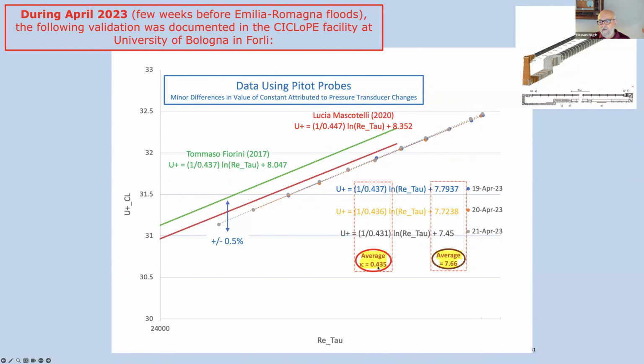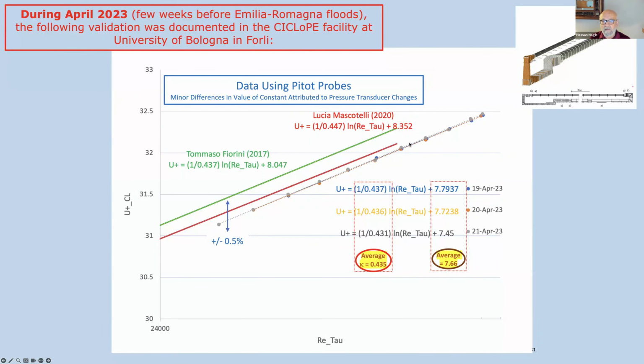And the average value is 0.435. Within 0.5% accuracy, the early experiments by Fiorini and Mascotelli, and the recent experiment by Lorenzo and myself last April, 3 different runs here are in excellent agreement, and that's the kappa value.